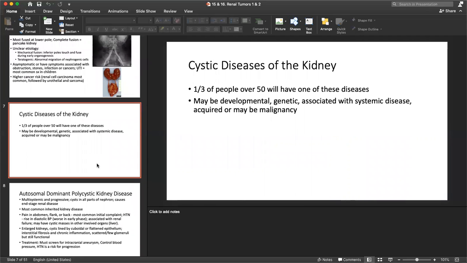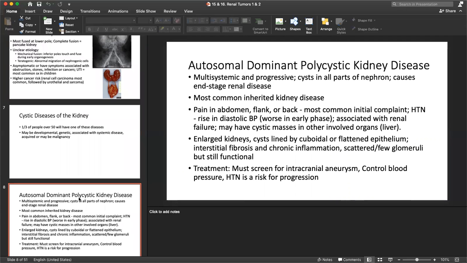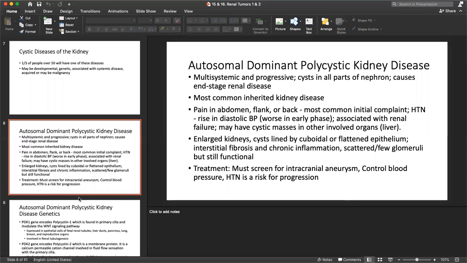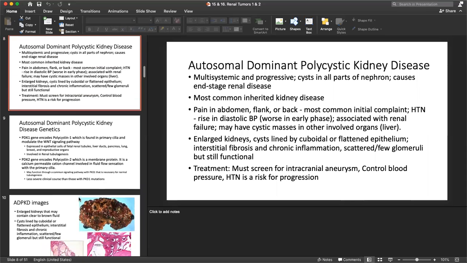Cystic diseases. So the most common and the one that people think about is polycystic kidney disease. There's going to be autosomal dominant, and then there's going to also be autosomal recessive. Okay.